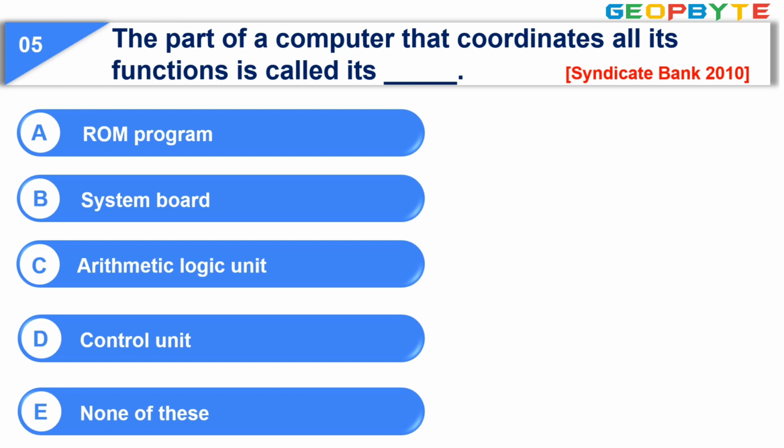So control unit is a part of a computer that coordinates all its functions. And next option is none of these. And the correct answer is option D, control unit. So control unit is a part of a computer that coordinates all its functions.